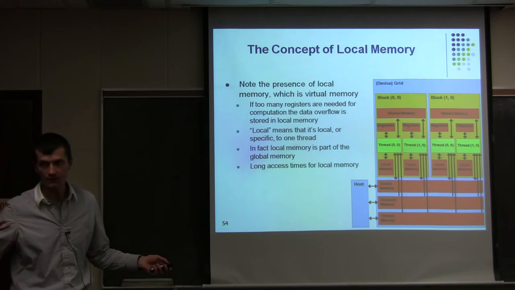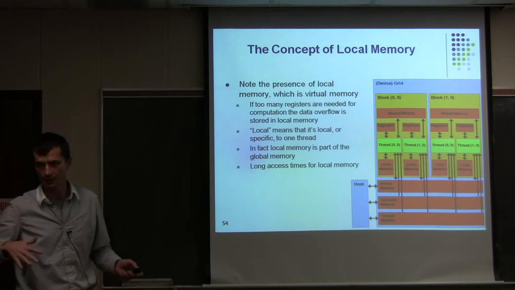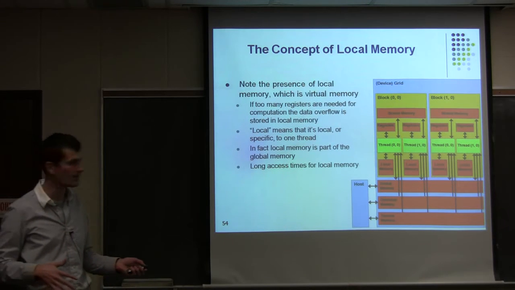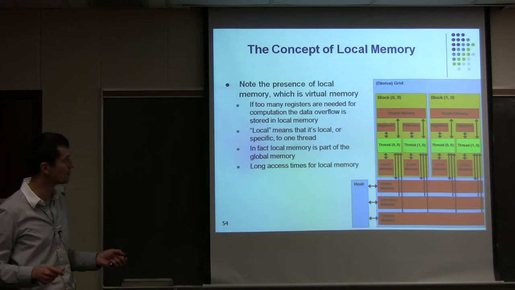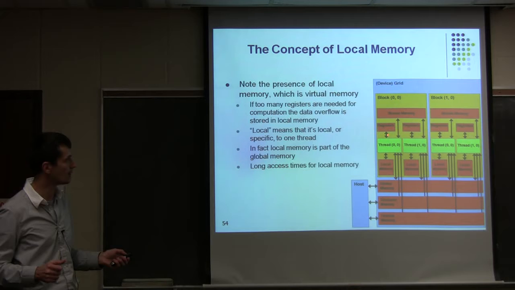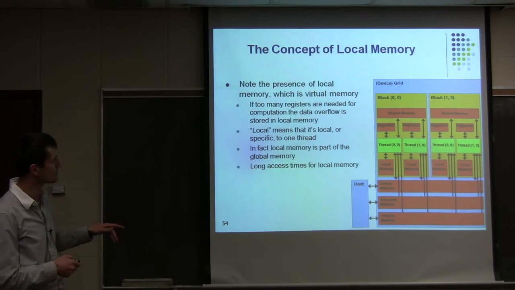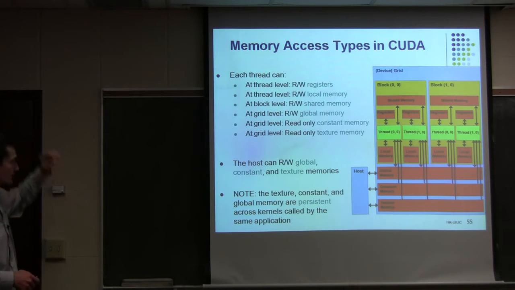So you don't have any control, you don't know it happens, and all of a sudden the code slows down a lot, because the overhead to move data back and forth between thread and global memory is very, very high compared to moving it back and forth between registers or shared memory. So if you read the documentation, don't be misled by this concept of local memory. Stay away from that. Avoid that.